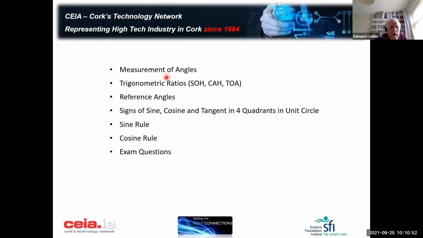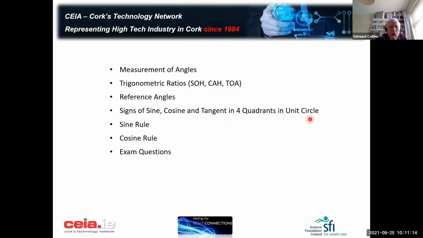So what I'm going to cover this morning, this part of the tutorial, is measurement of angles, trigonometric ratios, the basic ones commonly known as SOHCAHTOA, reference angles, and the signs of sine, cosine, and tangent in the 4 quadrants in a unit circle.